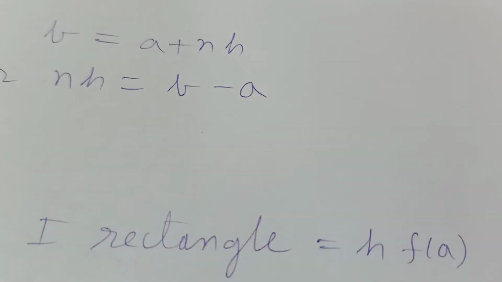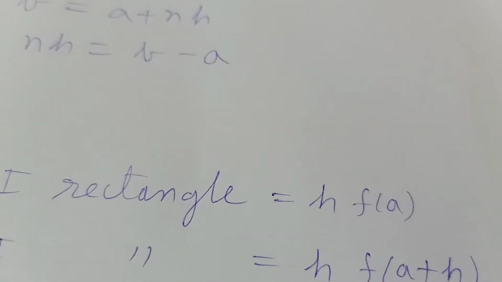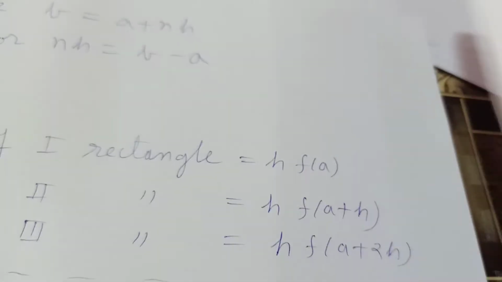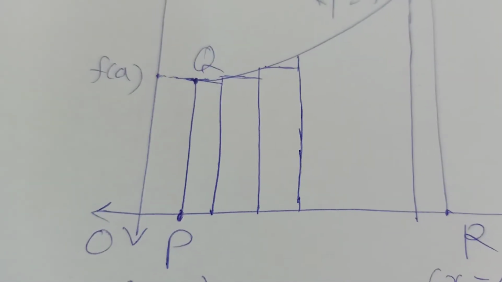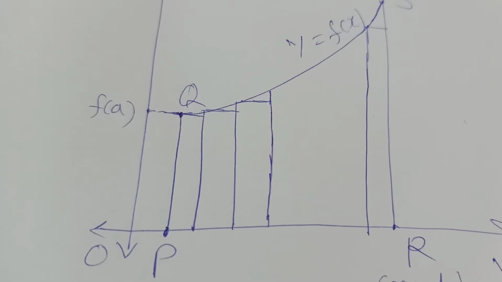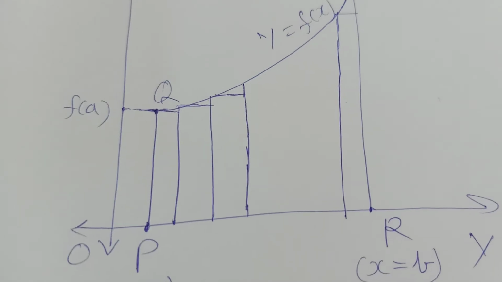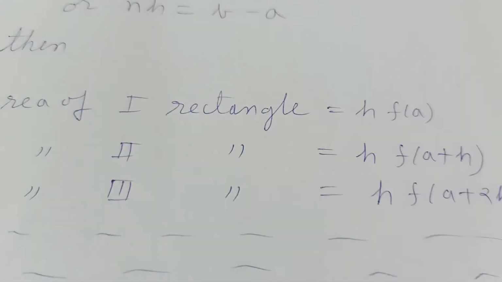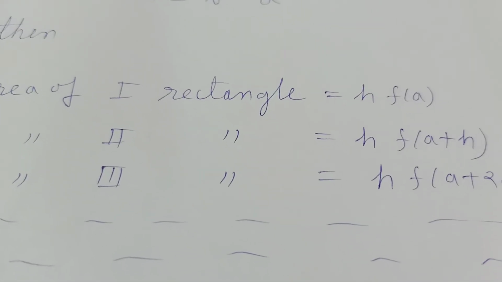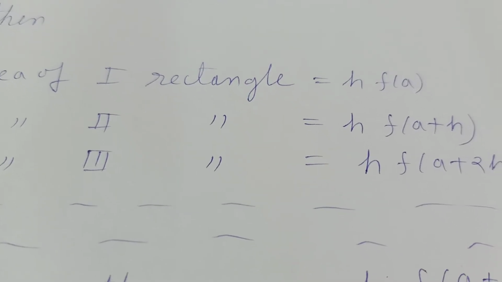If we find the area of the first rectangle, length is f(a) and breadth is of course h, so the area will be h into f(a). The area of the second rectangle will be h into f(a plus h), and the third will be h into f(a plus 2h).